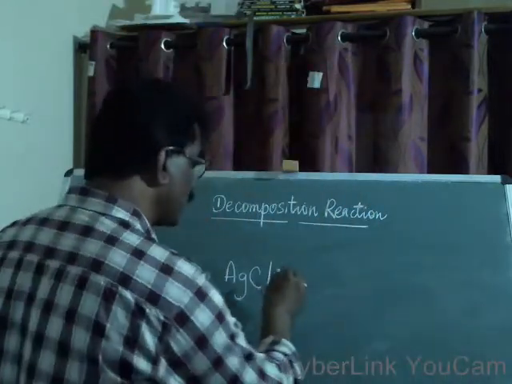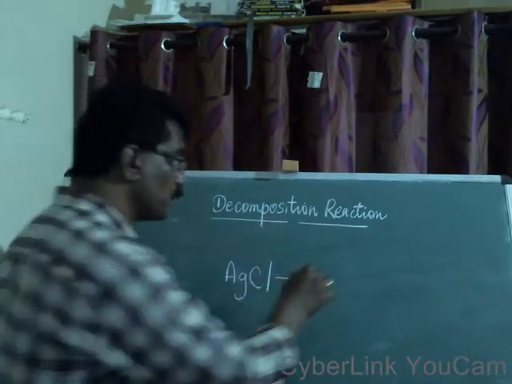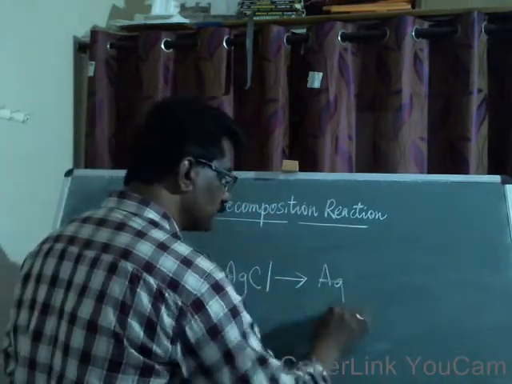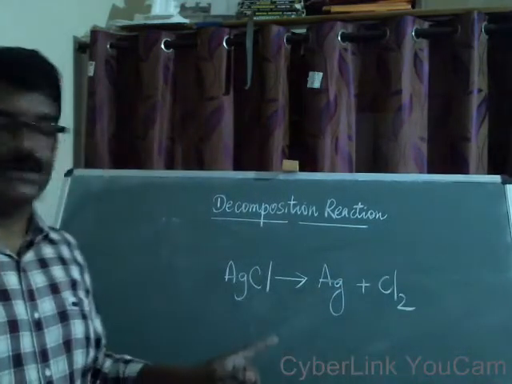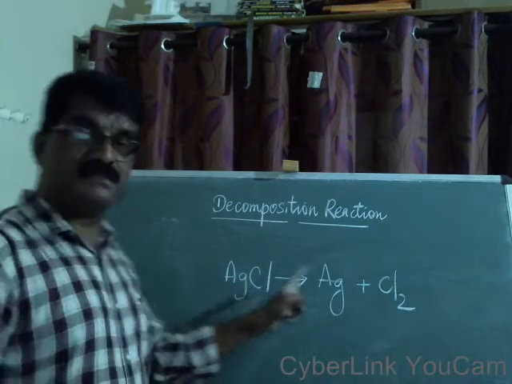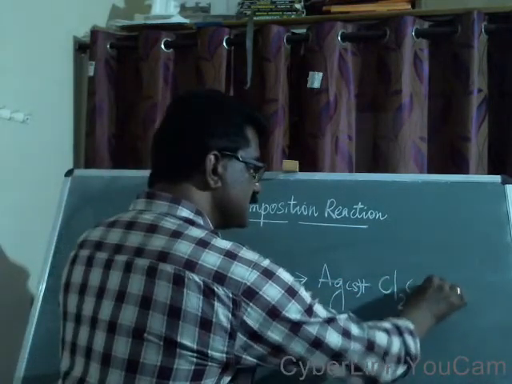Why? Because by absorbing solar radiation, by absorbing light, the silver chloride undergoes decomposition. It decomposes to produce silver and chlorine gas. Silver chloride becomes silver, that is solid, and chlorine, which is gaseous.